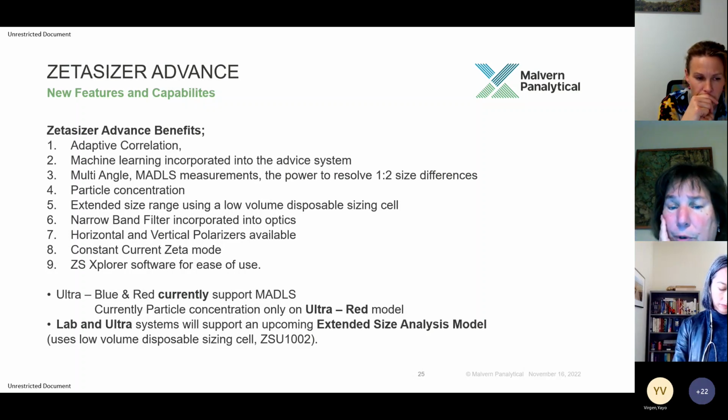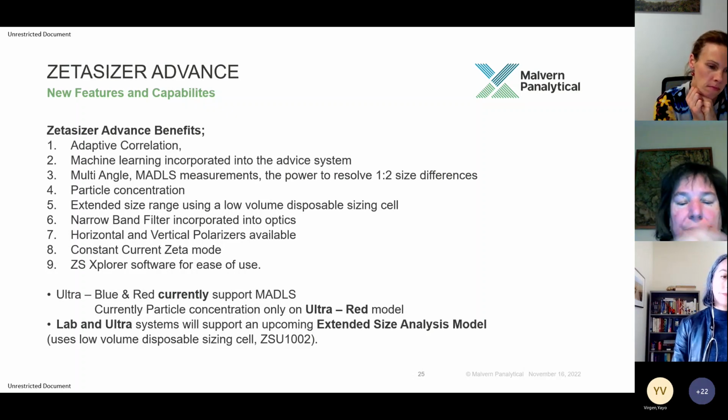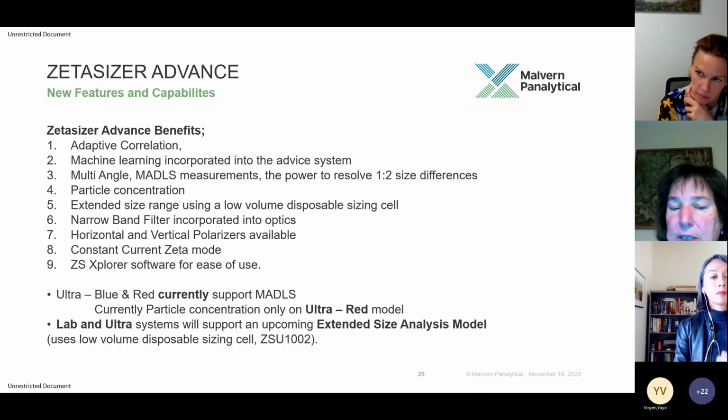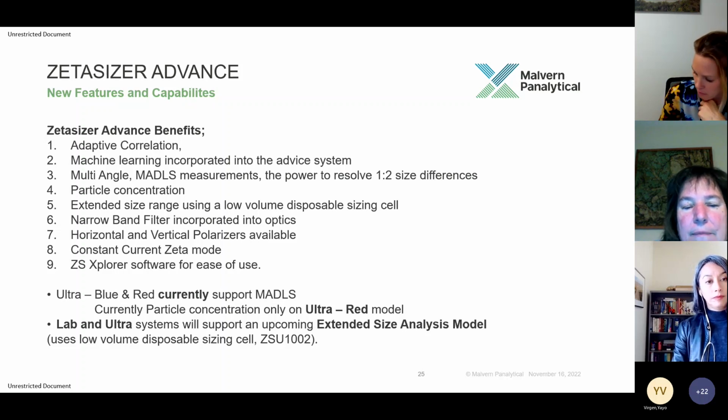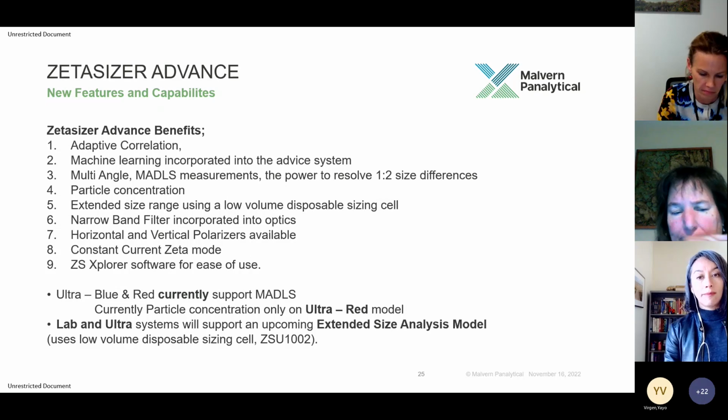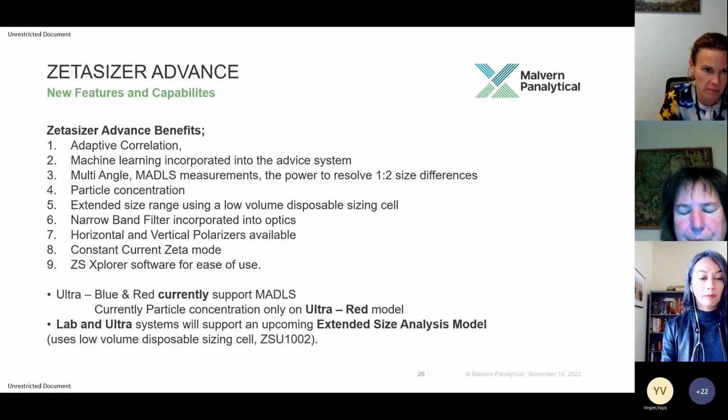There are horizontal and vertical polarizers available in the instrument. Again, through software, you move them in and out. There's constant current Zeta mode, which helps with life science type applications, high salts, so that you remove polarization effects from the measurements.